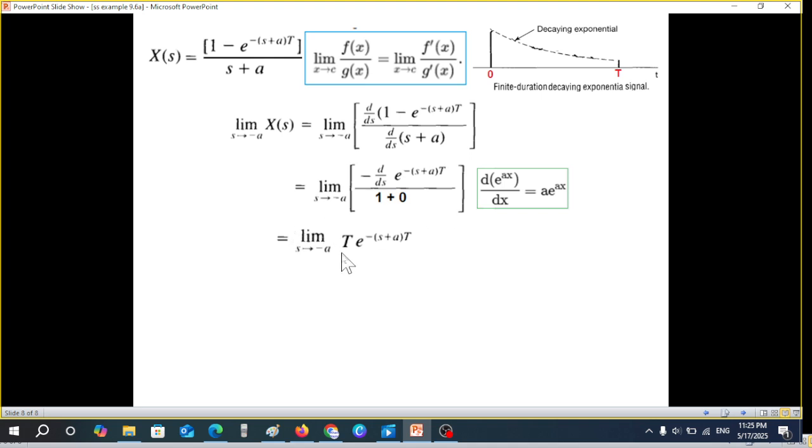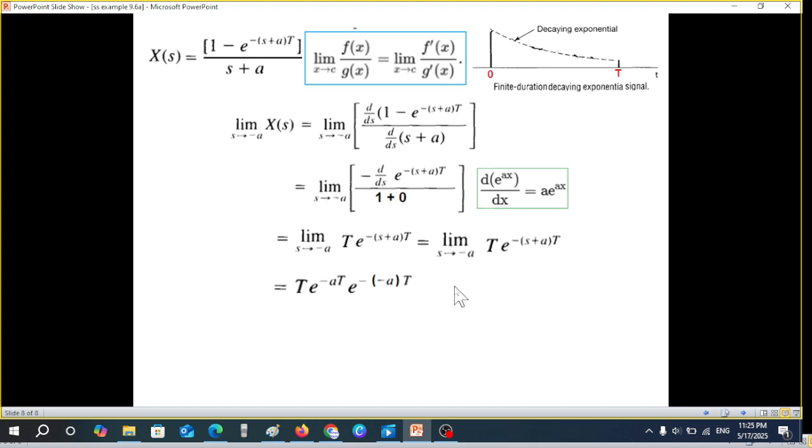In our case also, T will come out, then e raised to the power minus (s plus a) T. There will be a sign change when we differentiate, and this sign will come here and multiply.